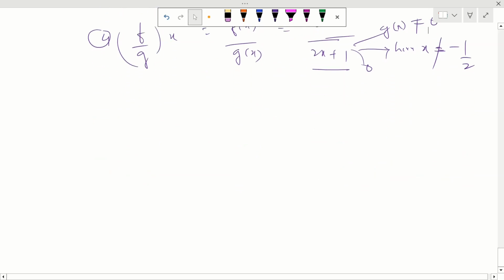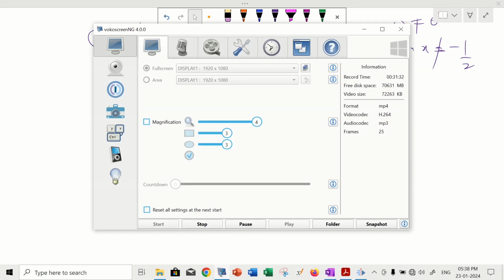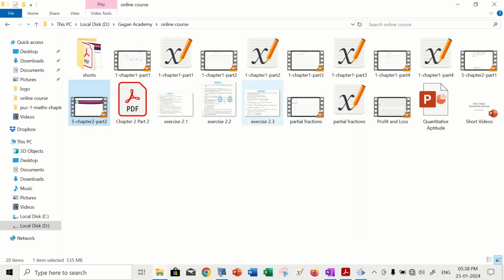Now we'll discuss some exercise problems. I just made a copy of the exercise problem here, exercise 2.3.